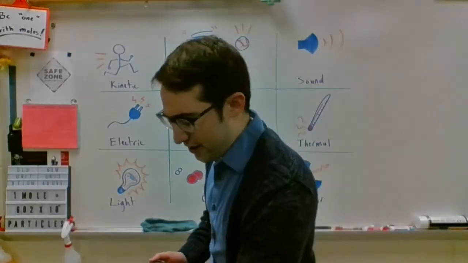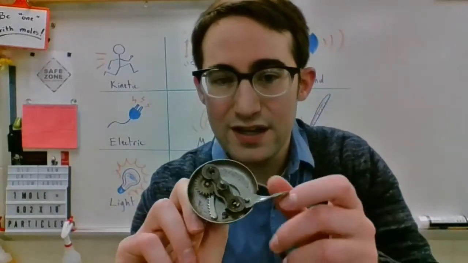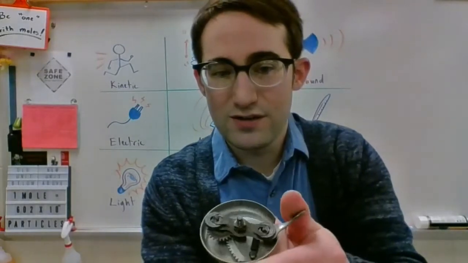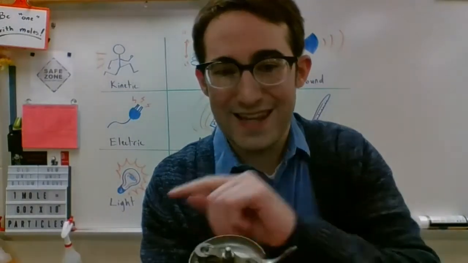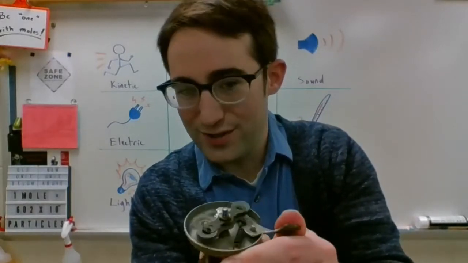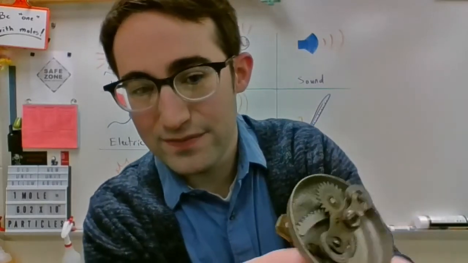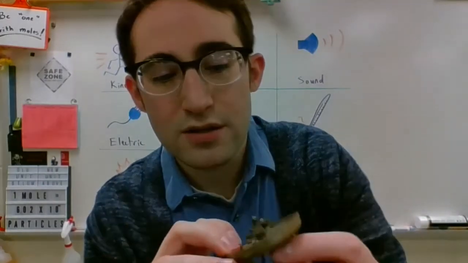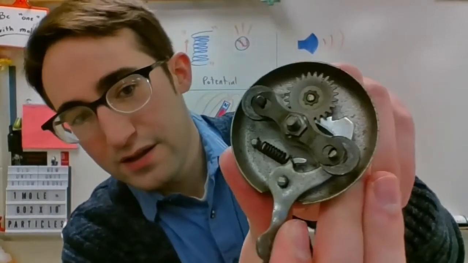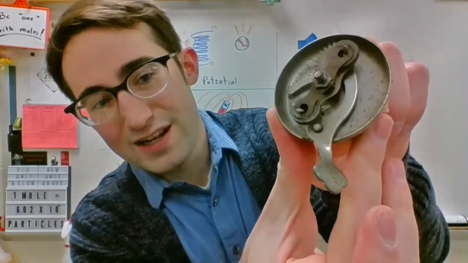So I've got this bike bell here that has some gears on the inside, and as I twist this, this little bar is supposed to hit the inside of the bell and make noise. Right now it's not doing much because I'm missing the cover of it. You may also notice, as a little bonus, there's a spring right there. There's elastic potential energy here that's converted into kinetic energy.